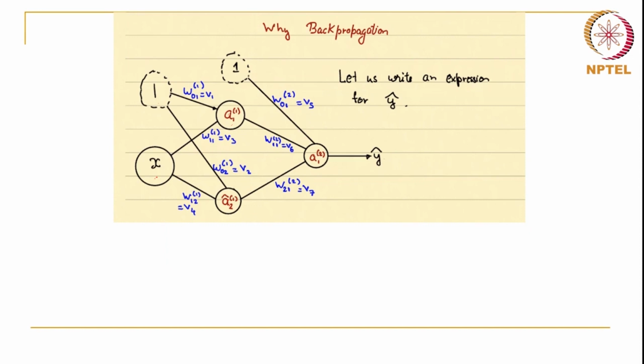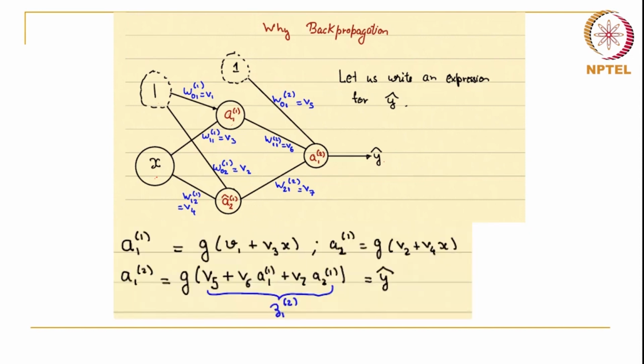So suppose I want to write an expression for y hat. Now, each one of these weights, I am using the same notation as before. If I have an ith neuron here, jth neuron here, this weight I call wij.